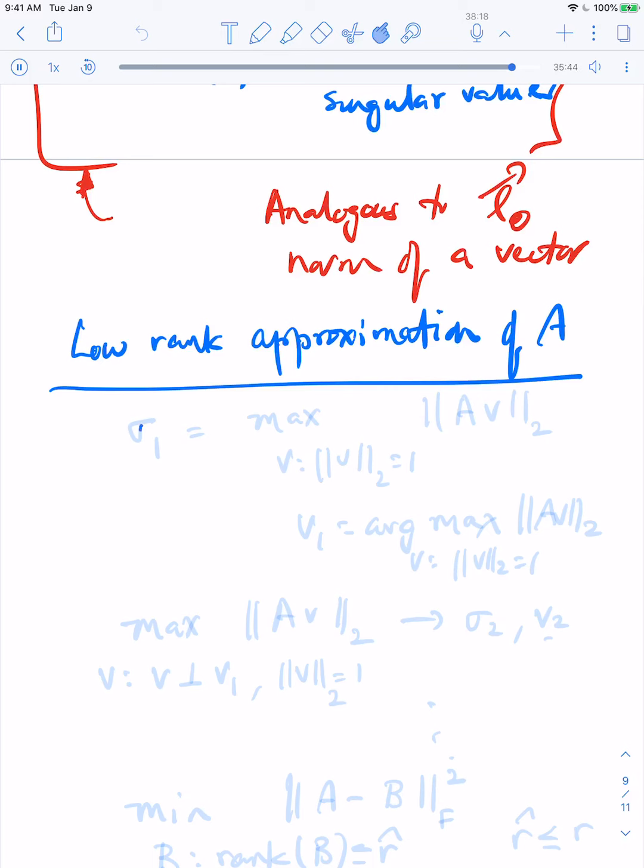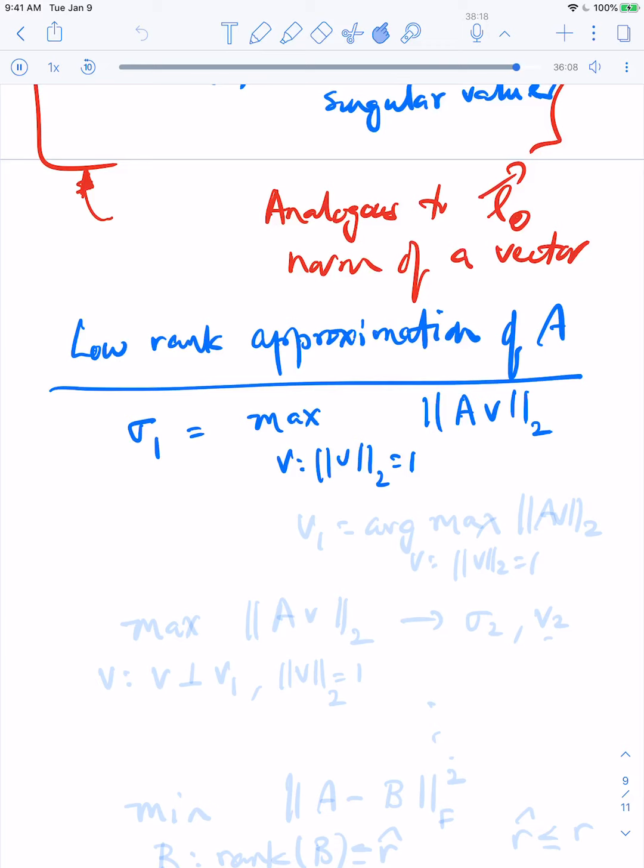So remember that sigma 1 is the max over V such that norm of V equals 1 of the norm of A times V, right? That's basically the analogy, and this is the so-called L2 norm of the matrix, which is more analogous to the L infinity norm of a vector, right?